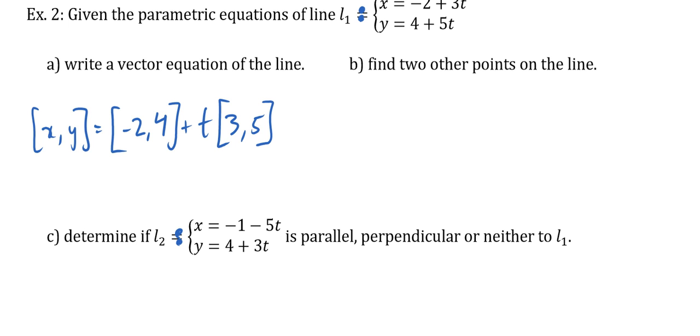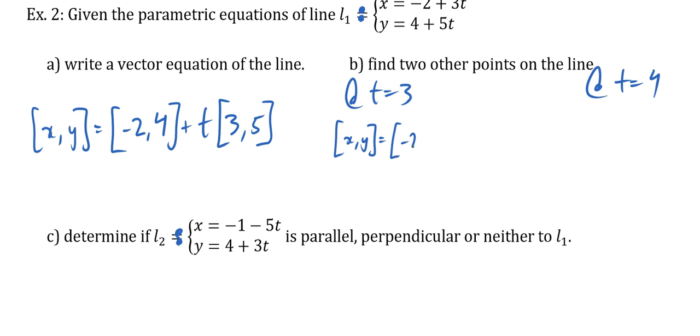Find two other points on the line. So maybe t equals 3, t equals 4. Try that.